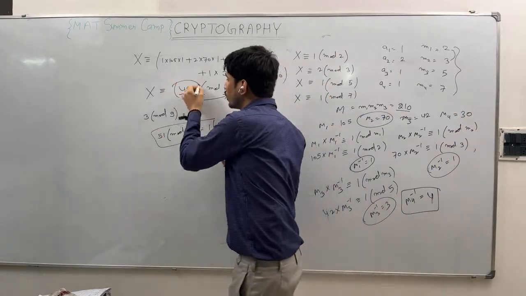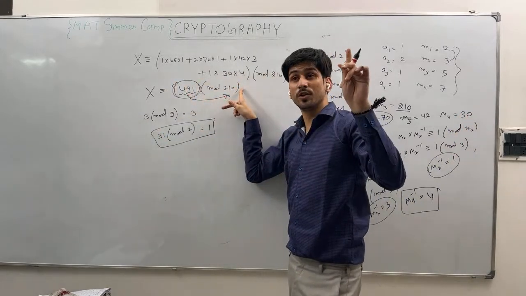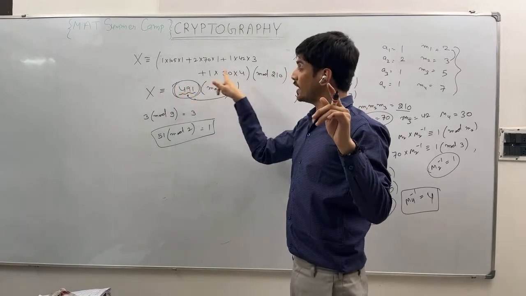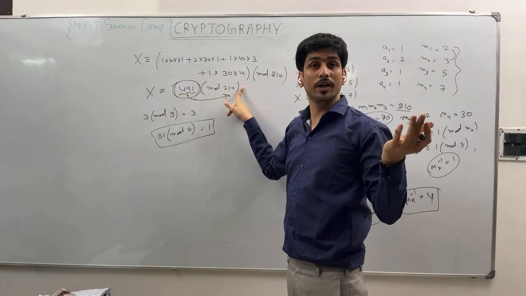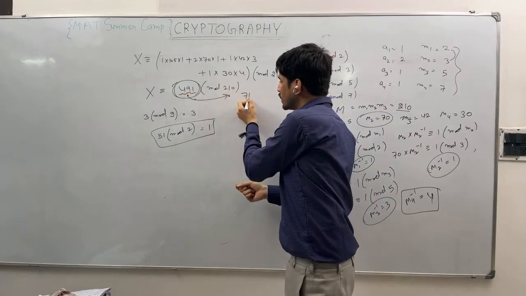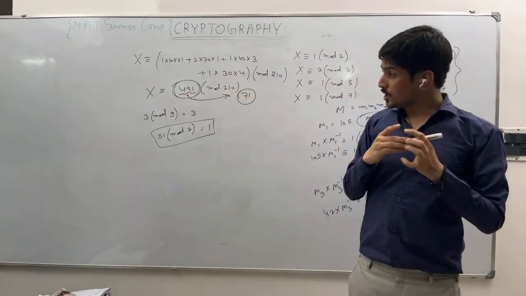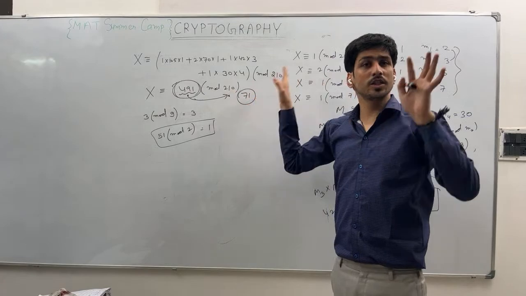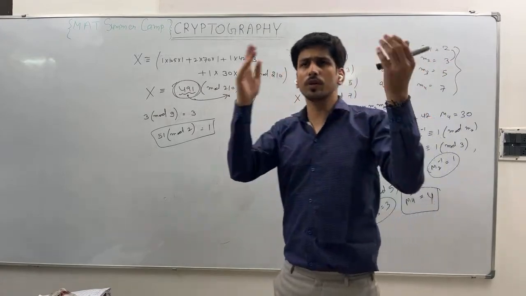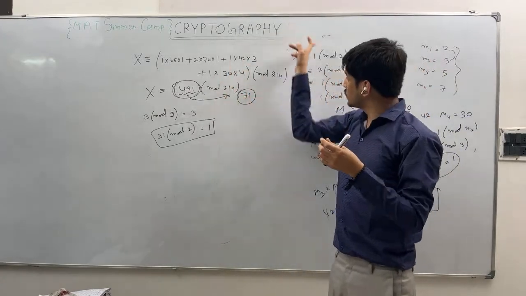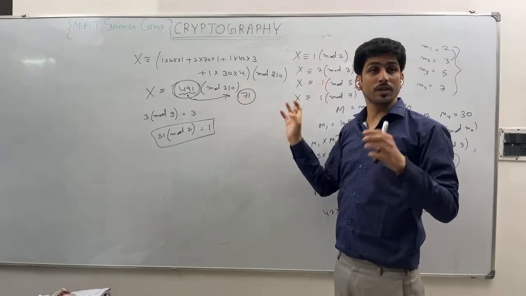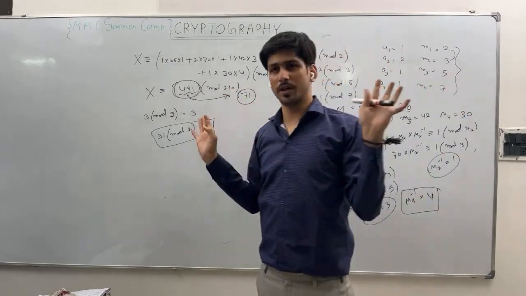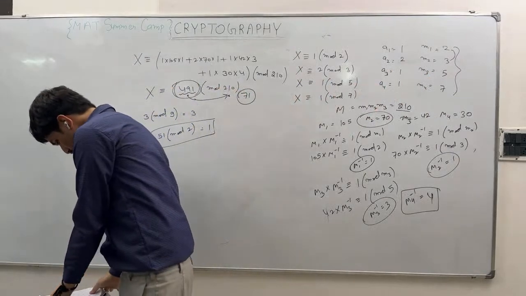Similarly, 491 is greater than 210, so 491 divided by 210 gives remainder 71. That is our answer. This is not the only such number; there are lots of numbers which satisfy this property, but 71 is the least number. Is it clear? Let's move to the next problem.